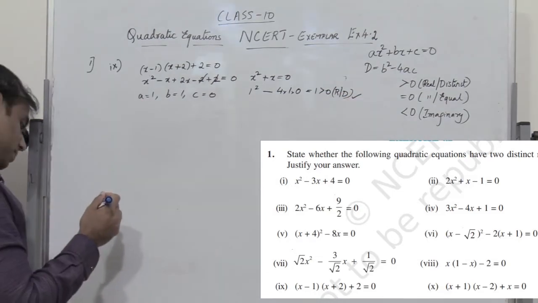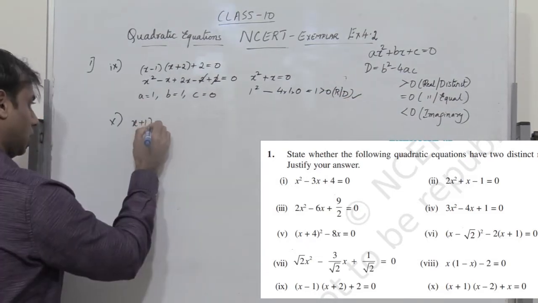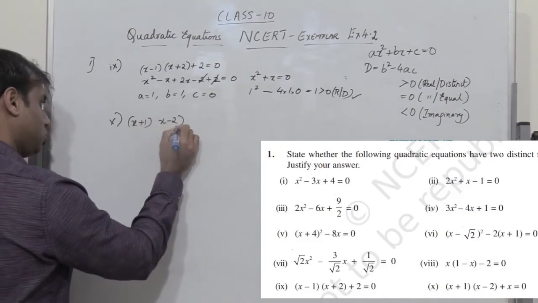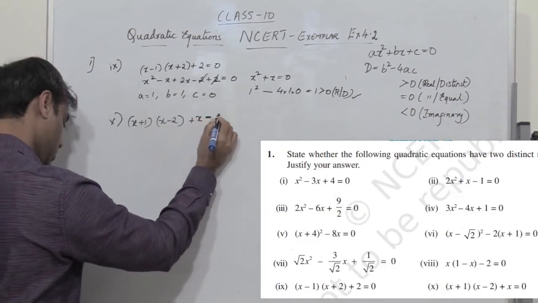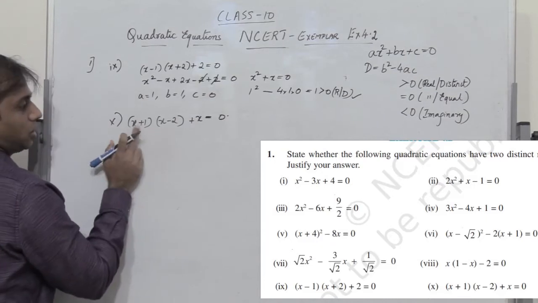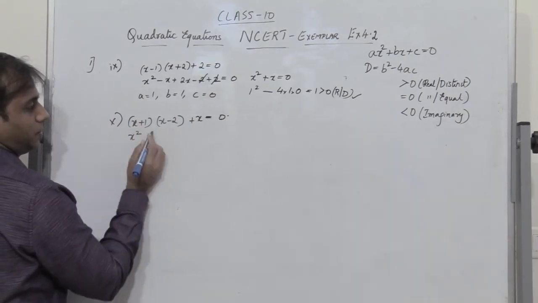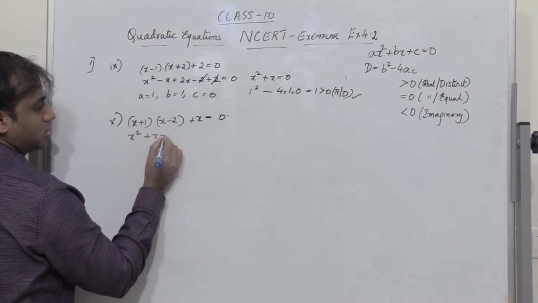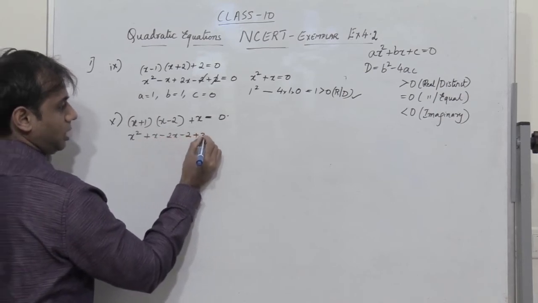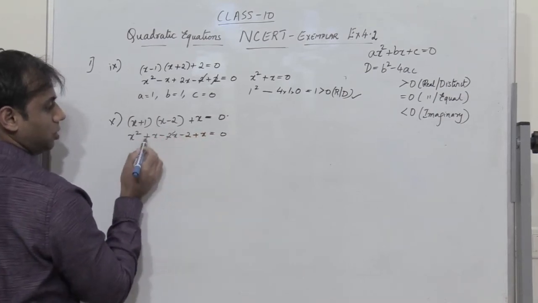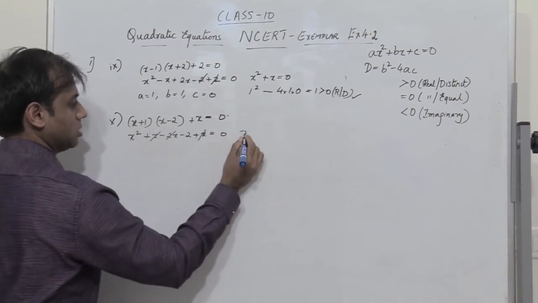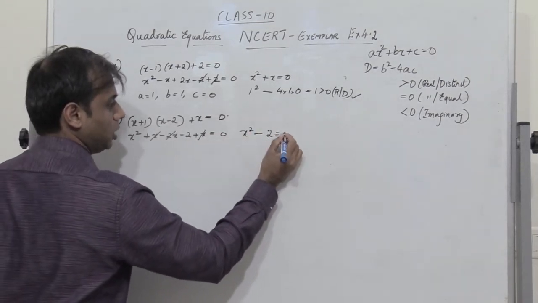Very simple problem. Next one, x plus 1 into x minus 2 plus x is equal to 0. So again multiply these two, you get x square plus x minus 2x minus 2 plus x equals 0. So plus 2x minus 2x gets cancelled. So we are left with x square minus 2 equals 0.